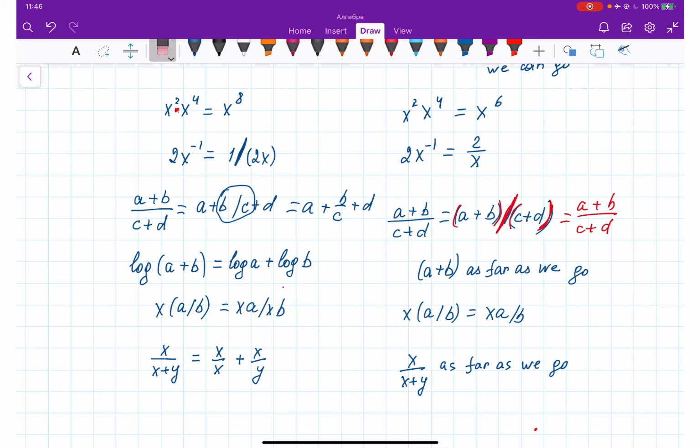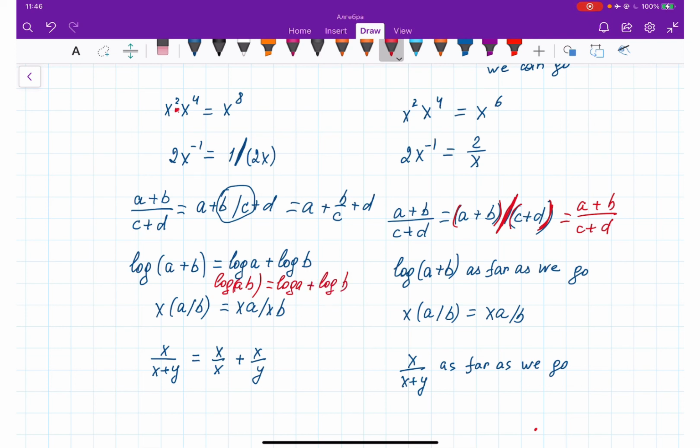You could get log A plus log B only if we had logarithm AB, which would be multiplication. Then that will be log A plus log B. Look, I put log AB in parentheses.